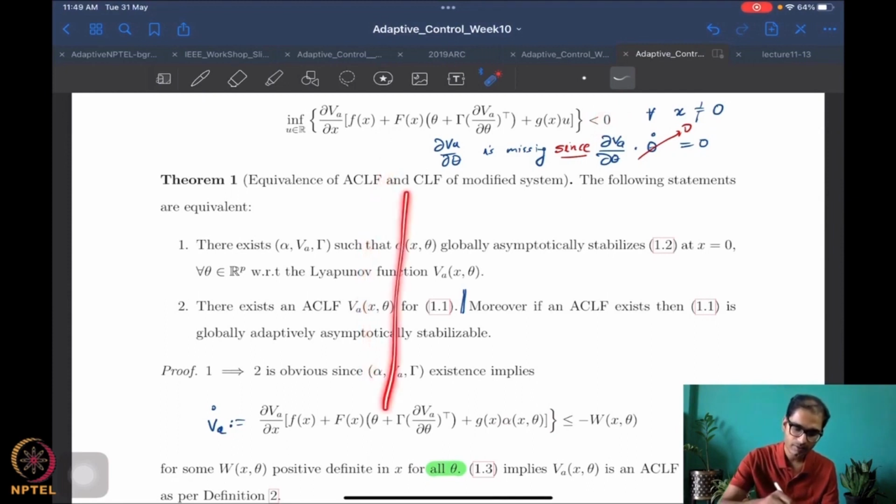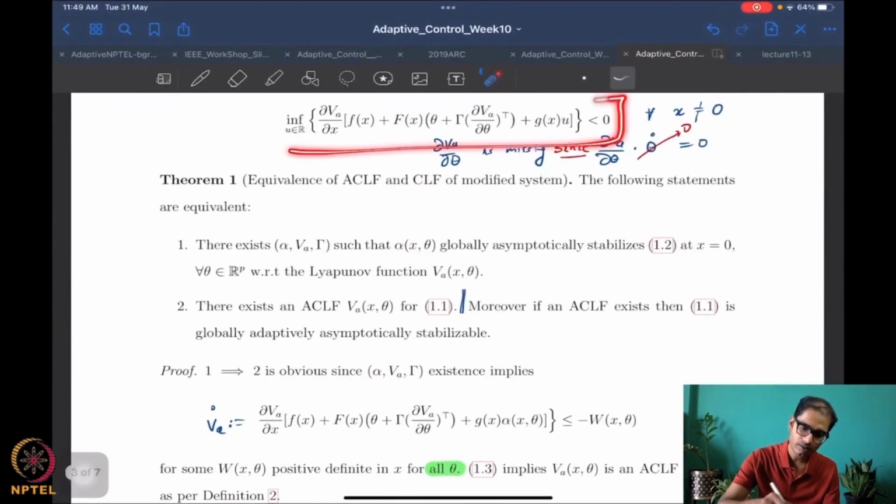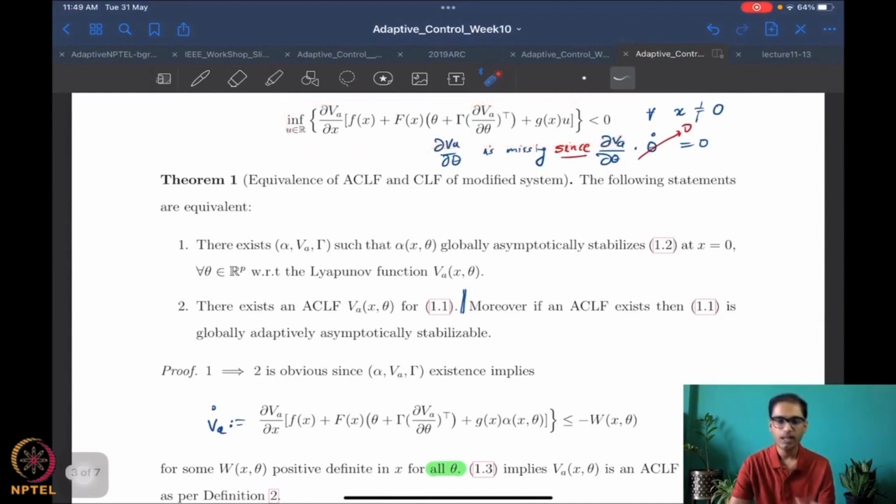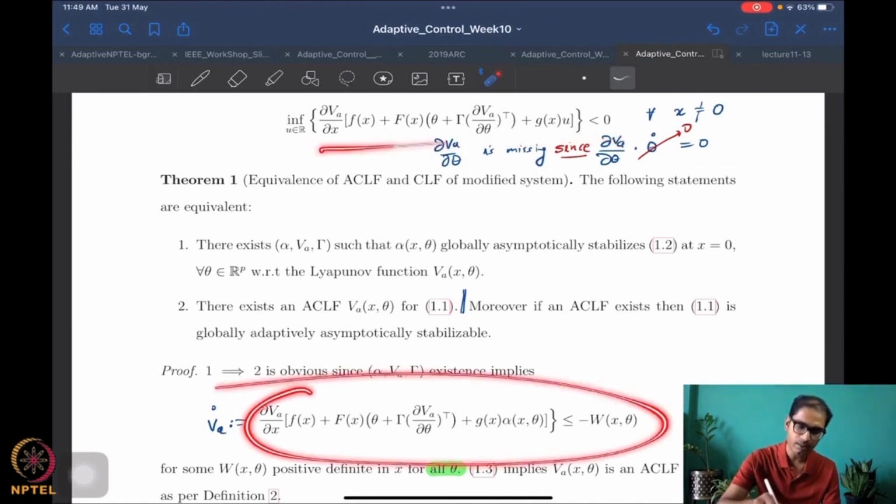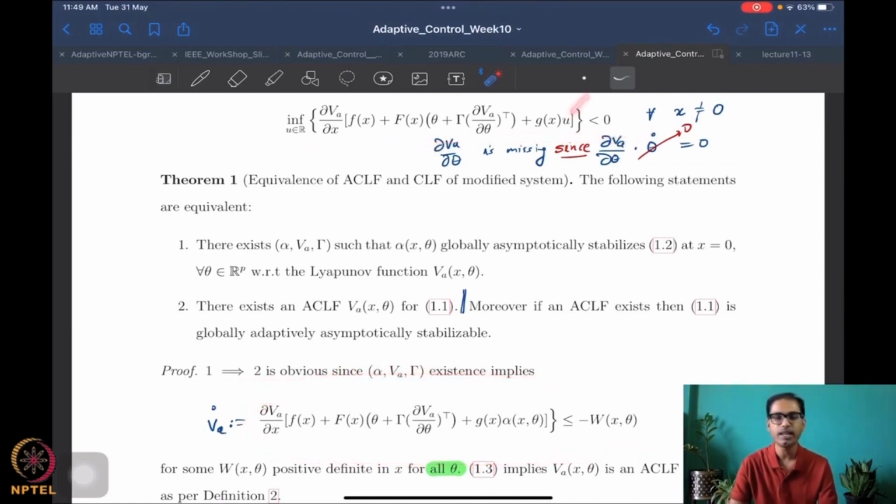This implies this, because I can find one choice alpha for which this holds. I'm taking the infimum, the smallest, over all possible choices of control. And here I'm already saying there exists this choice alpha such that this holds, because this is the same as this, substituting alpha for u.